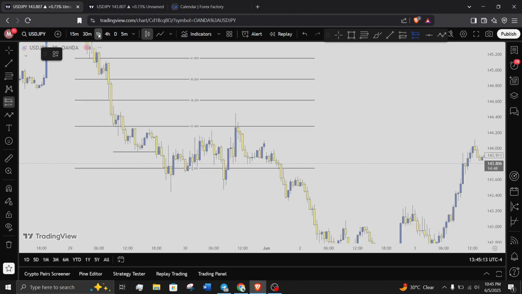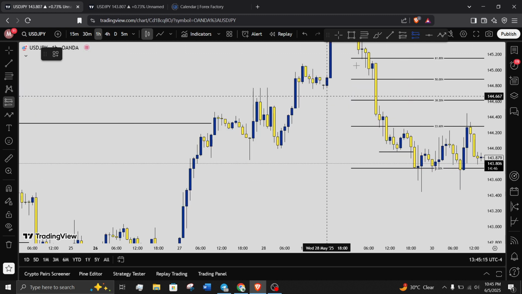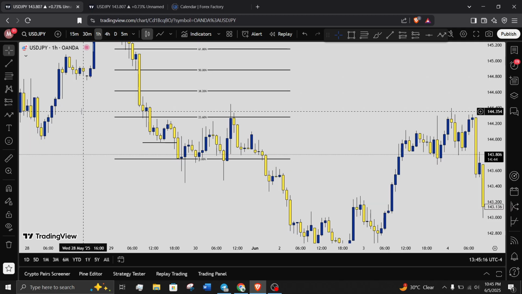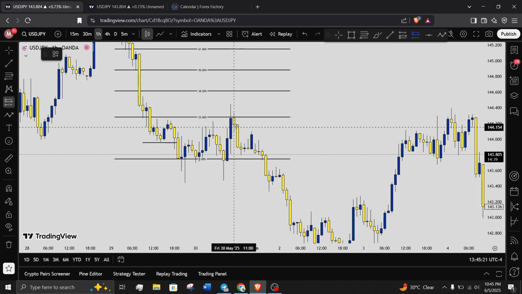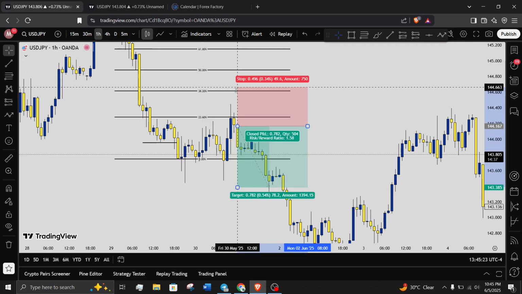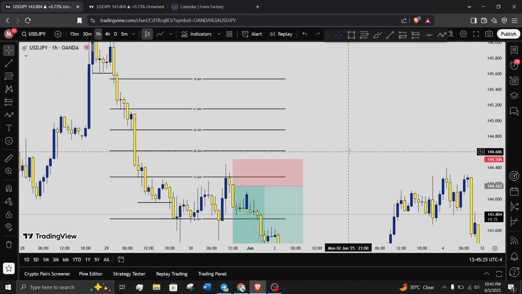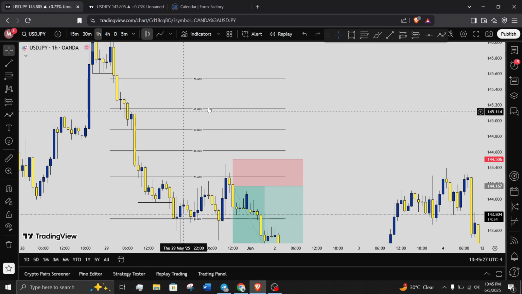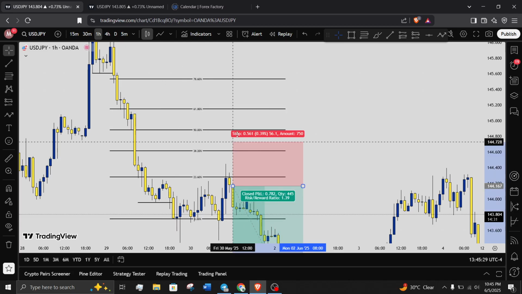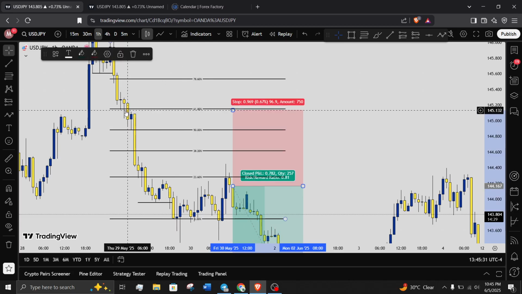Let's say we entered on the 1 hour time frame. After this candle's closure, we entered right here when the candle opened. Now, to place stop loss, I usually try to put it in these scenarios. I look for support in these zones, such as 61.8. This is a support zone.